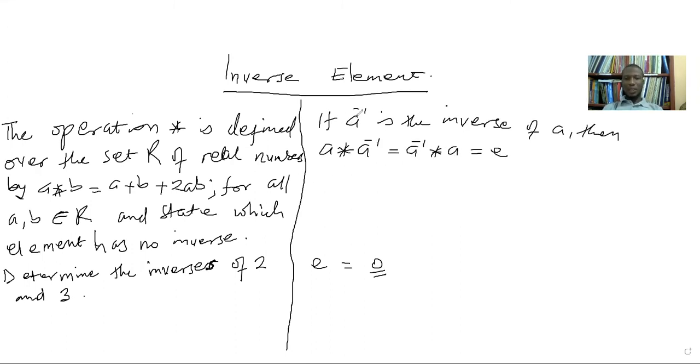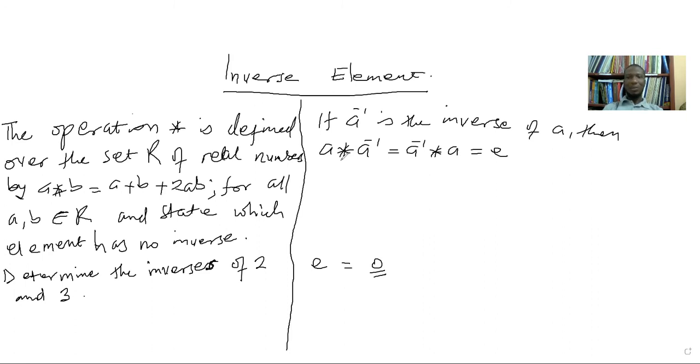So if A exponent -1 is the inverse of A, then A star A inverse should give us A inverse star A equal to E. Again, remember because the inverse is the inverse of A, I have decided to use A exponent -1 as the inverse. So that any number I am given, or any variable, I'll just take that variable exponent -1 as the inverse of the variable.